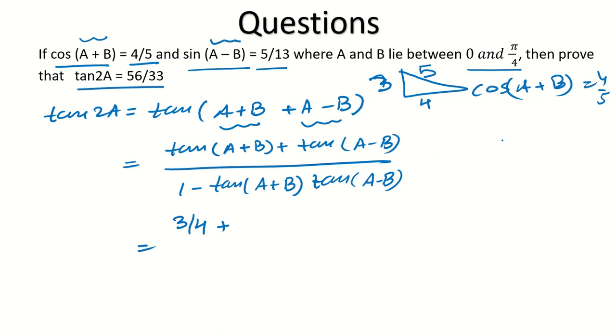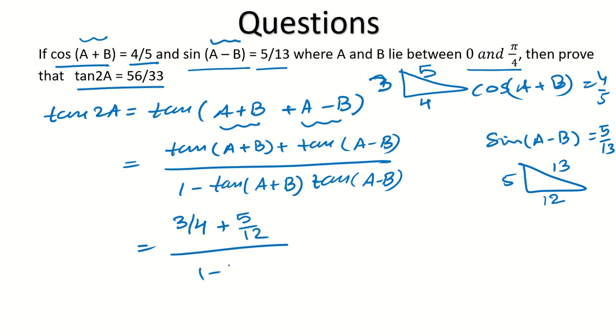tan a minus b. So again sin a minus b is 5 over 13, and you make the triangle here. So this is 5, this is 13. By Pythagorean theorem it will become 12. So this is tan 5 over 12 upon 1 minus 3 over 4 times 5 over 12. So it will be what? It will be 3 over 4, and we'll try to take the LCM as well.